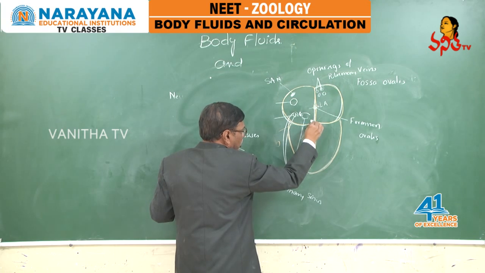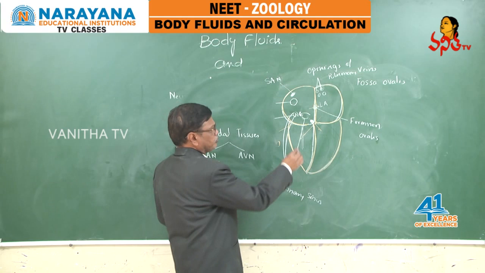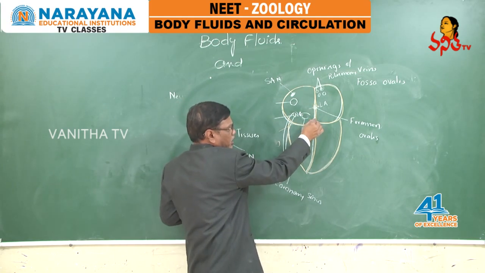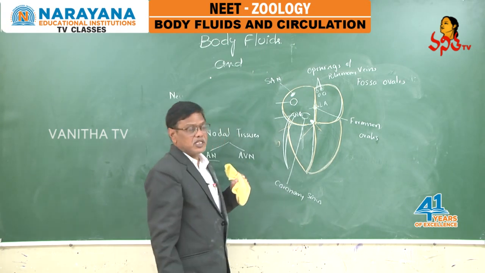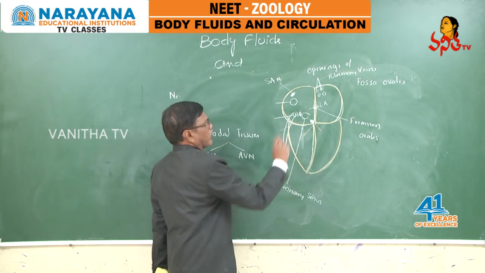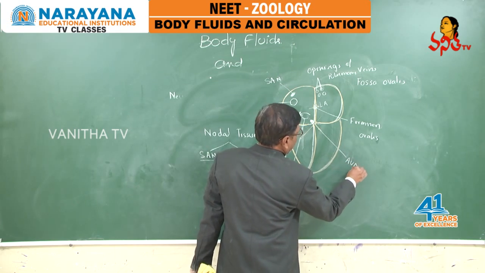The auriculoventricular node is present very close to the interatrial septum at its distal end, just above the auriculoventricular septum. Here, what is the position of the auriculoventricular node?